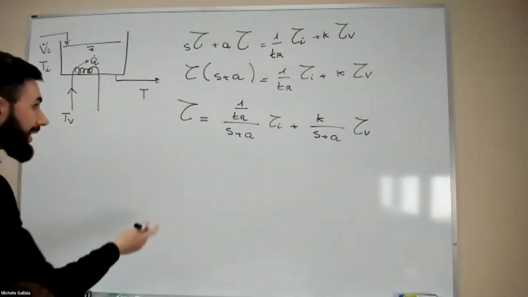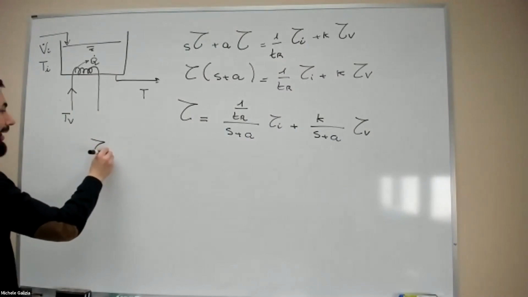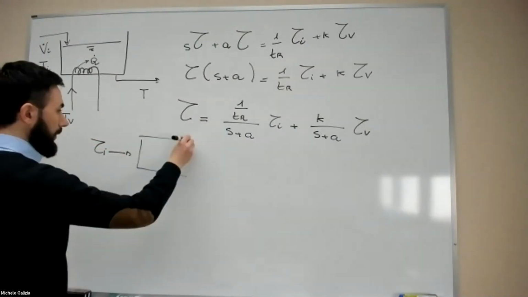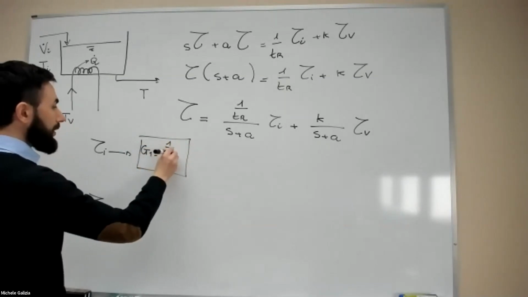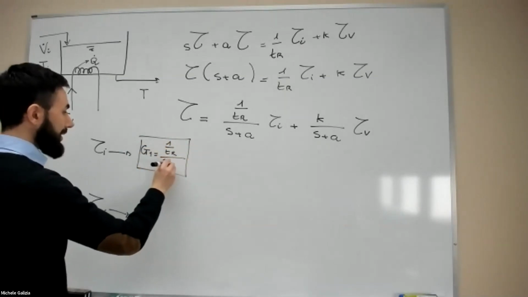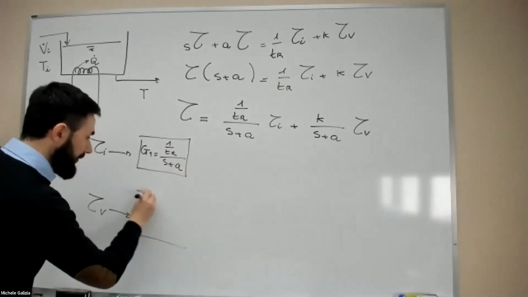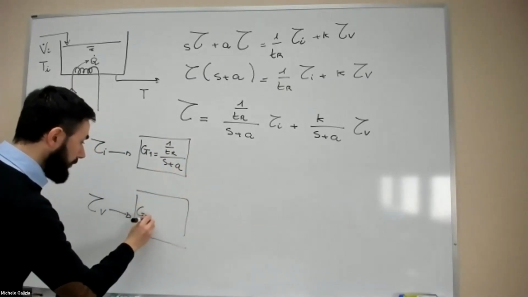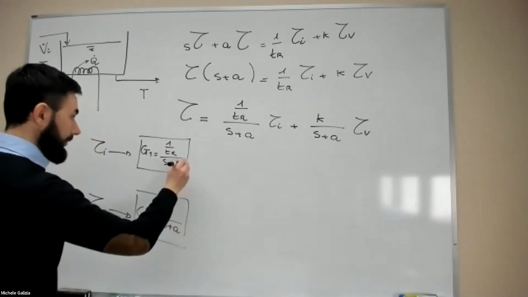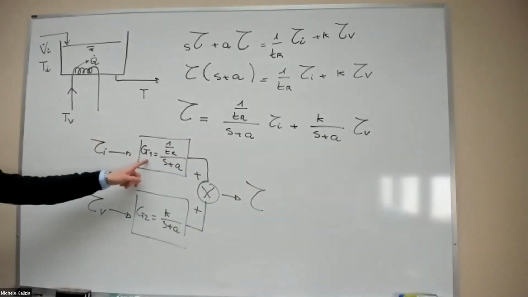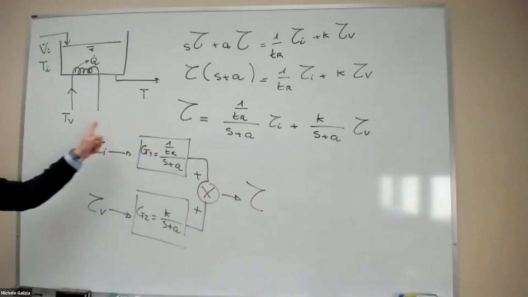Let's consider the block diagram. The block diagram will be this. Transfer function number 1, 1 over Tr divided S plus A. Transfer function number 2, K divided S plus A. The first transfer function relates the output to the first input.